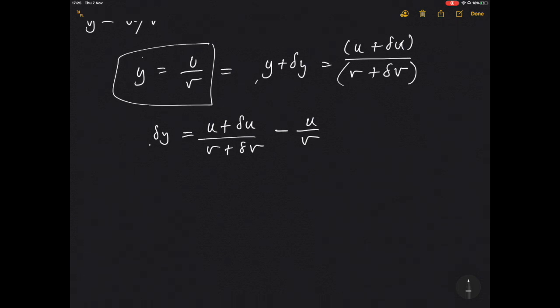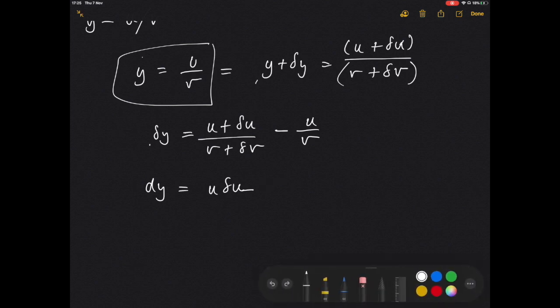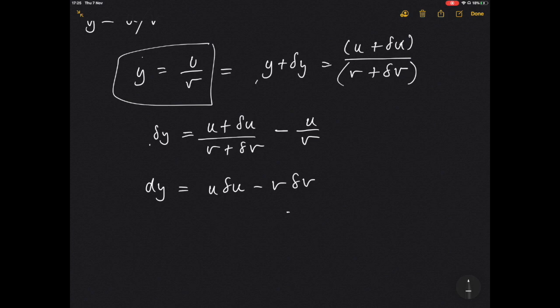And then if we multiply this out, we can say that delta y therefore equals v delta u minus u delta v, all over, multiply at the bottom, v times (v plus delta v). I'll close brackets.